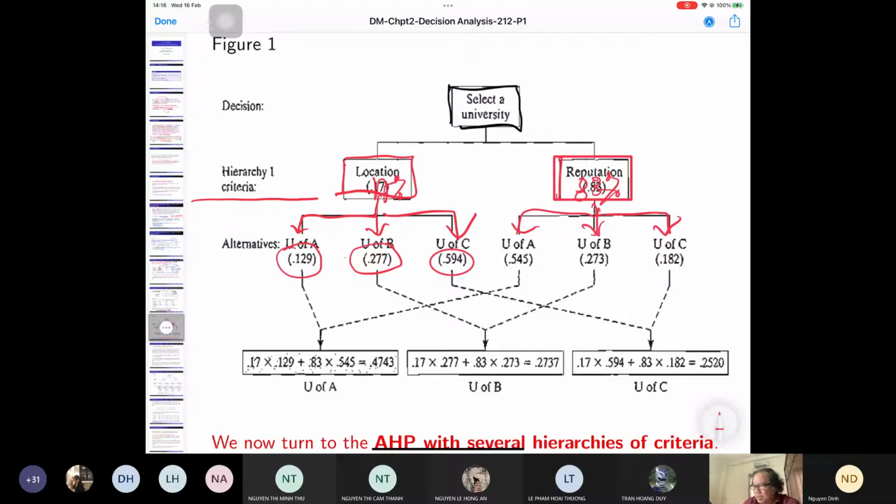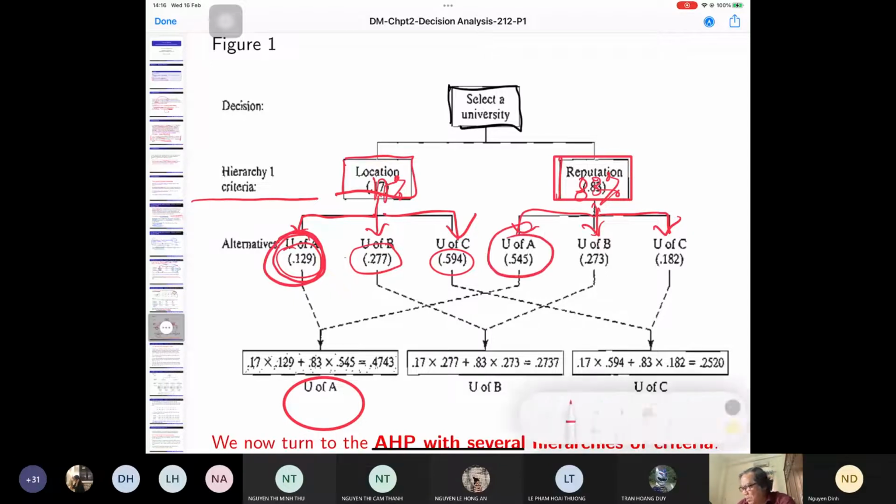And how to compute the composite weight? With the University of A, you have a location and a reputation here.